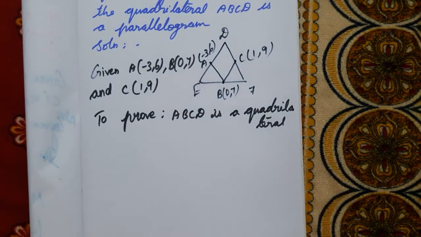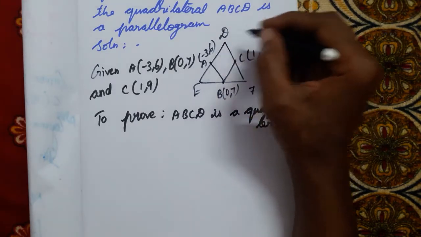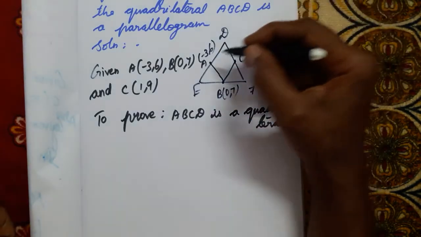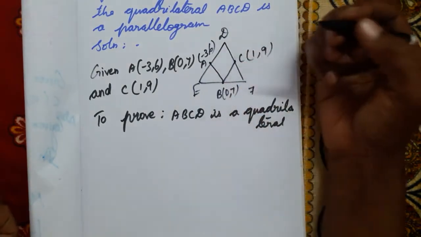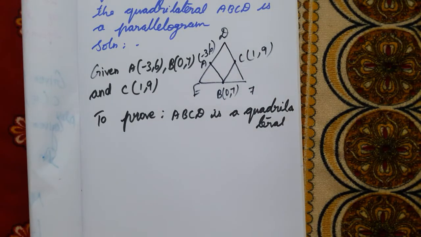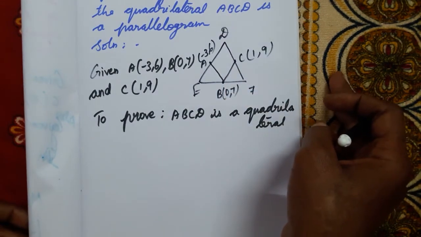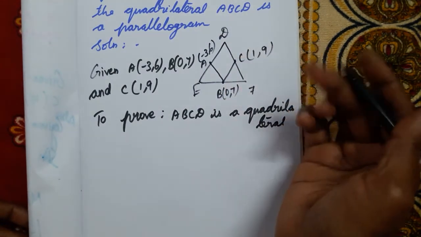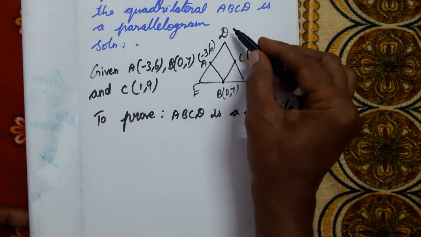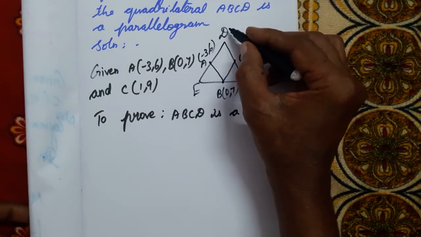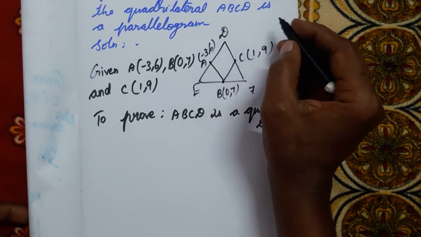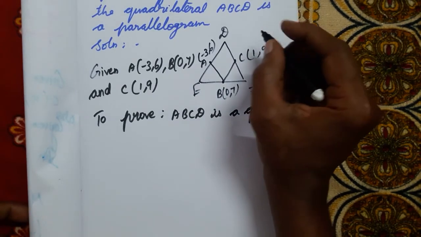ABCD is a quadrilateral. What is given? A(minus 3, 6), B(0, 7), C(1, 9). If you want to prove that ABCD is a parallelogram, then the midpoint of AC must equal the midpoint of BD, since in a parallelogram the diagonals bisect each other. We have to prove that. For that we have to find the point D.